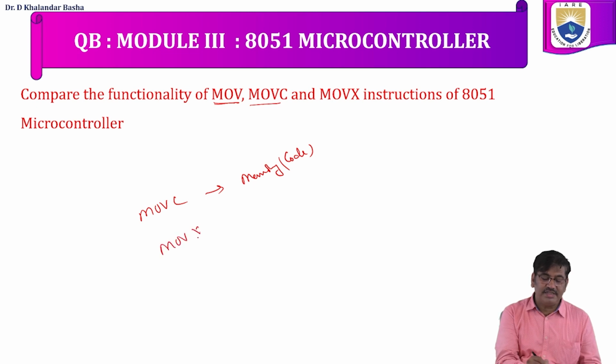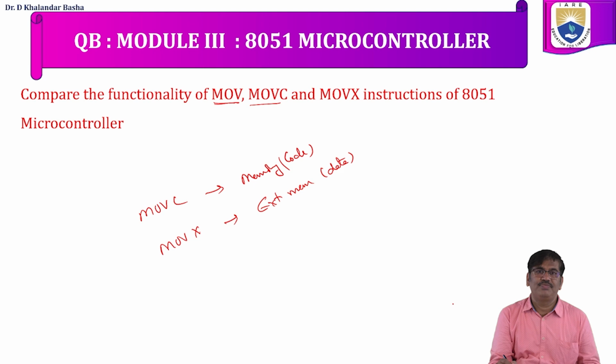Whereas the MOVX instruction is for accessing the data from external memory, and this memory belongs to data memory. So the MOVX instruction is used for transferring the data from the external memory to 8051 microcontroller or 8051 microcontroller to external memory.